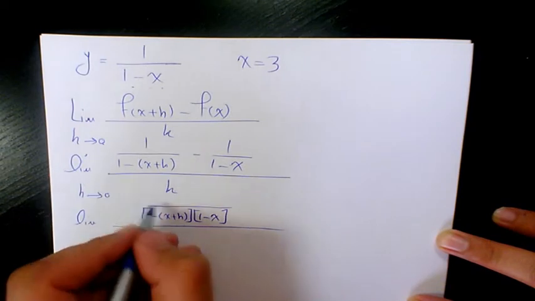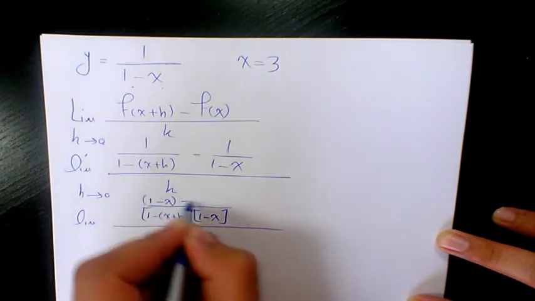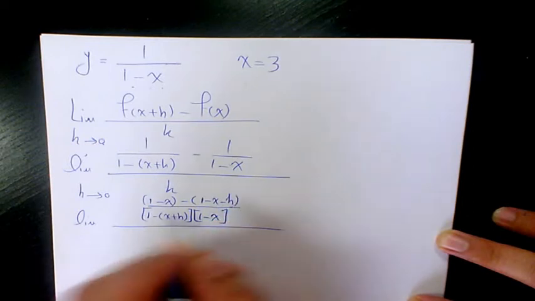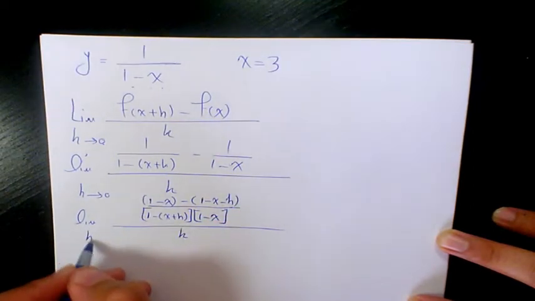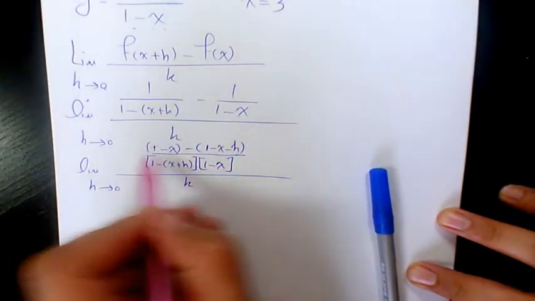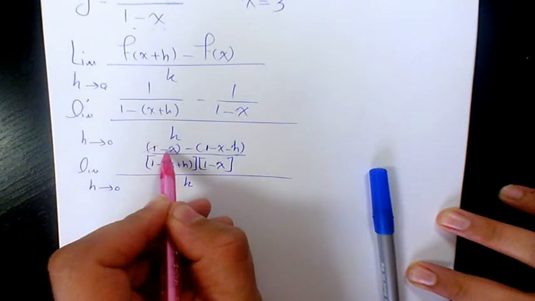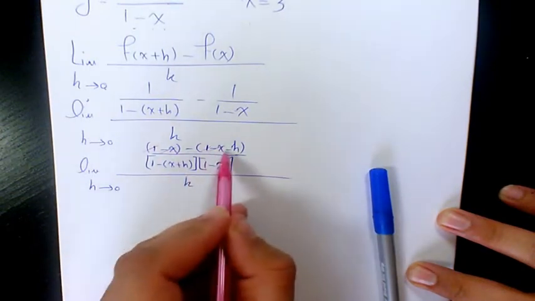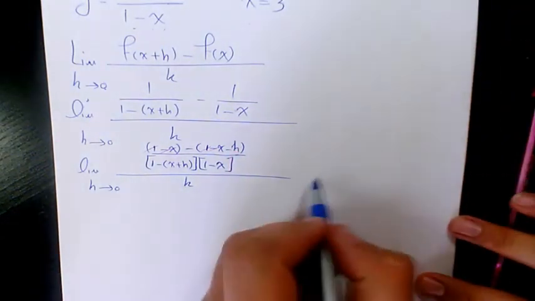It's going to be the limit as h approaches 0 of (1 over 1 minus x minus h, minus 1 over 1 minus x) divided by h. Then you can cancel this. 1 and negative 1 cancel out. Negative x and positive x cancel out, and we're going to have negative times negative h, which is going to be positive h.